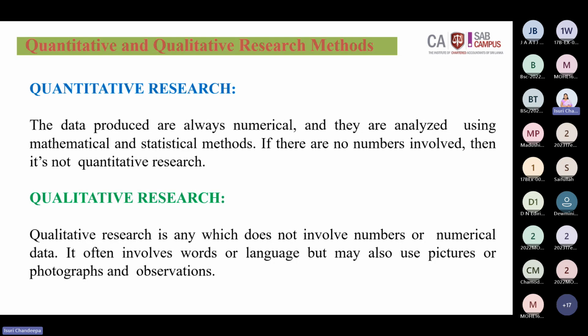Right. The first part, you need to differentiate quantitative and qualitative research. What do you mean by quantitative research? Any idea? Quantitative research is always numerical. You will normally do research using the quantitative research method. What is the basic idea?